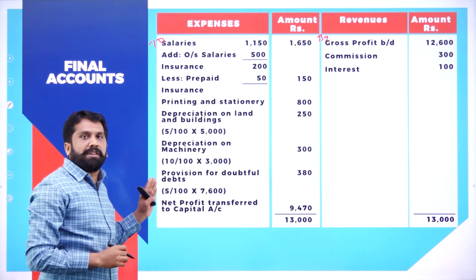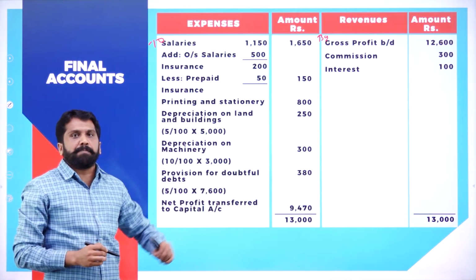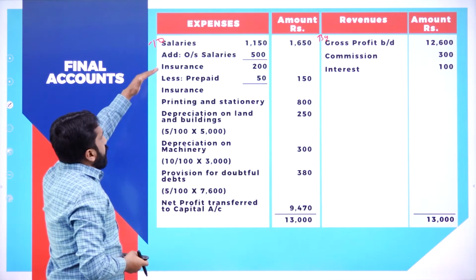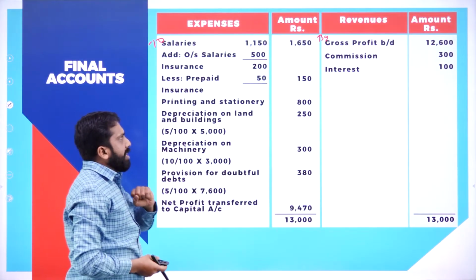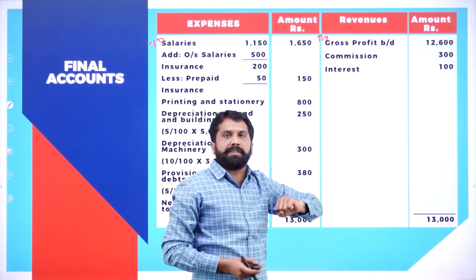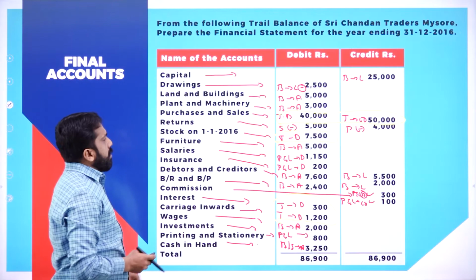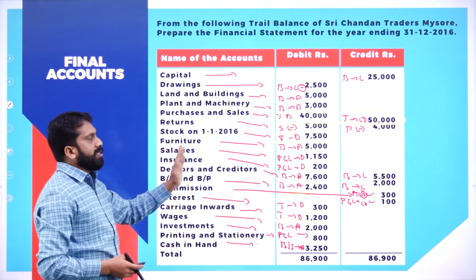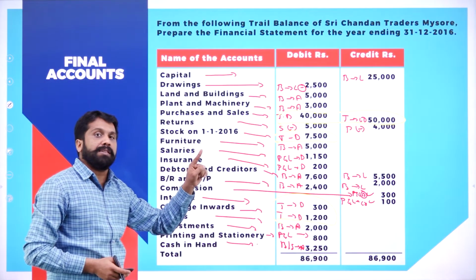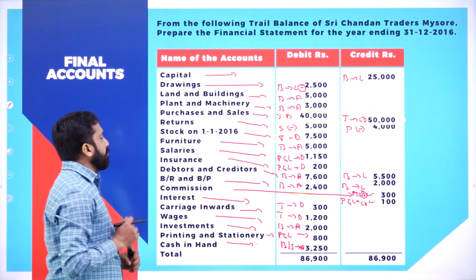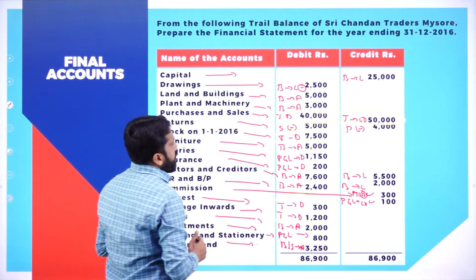In this, all the expenses we will take, all the incomes we will take. How do you take? Go back to your question. You already marked which comes under P&L, which comes under trading. Now, in this, what are the P&L items?